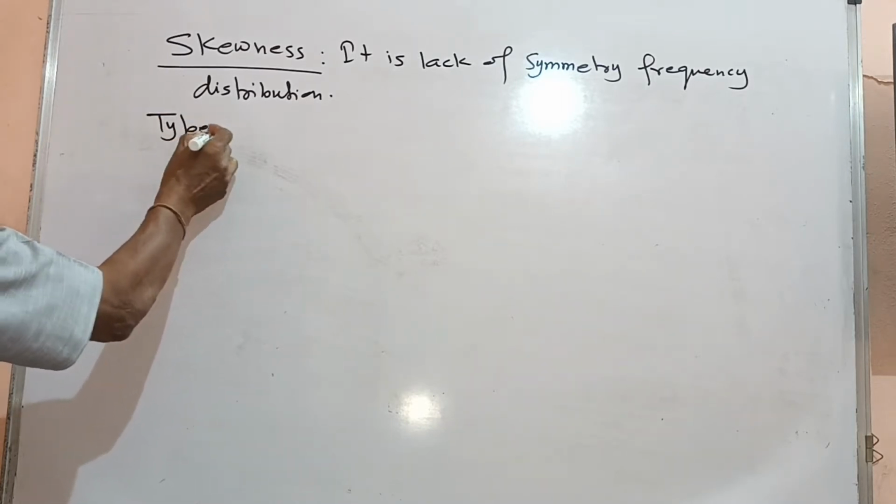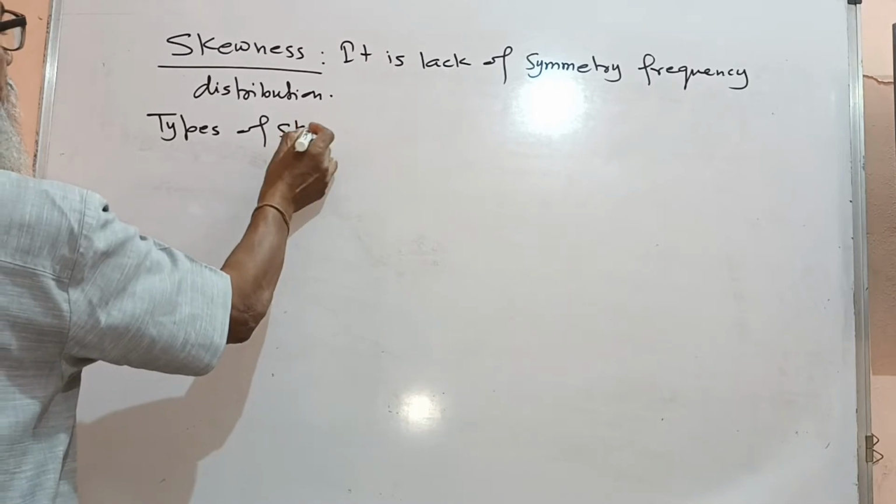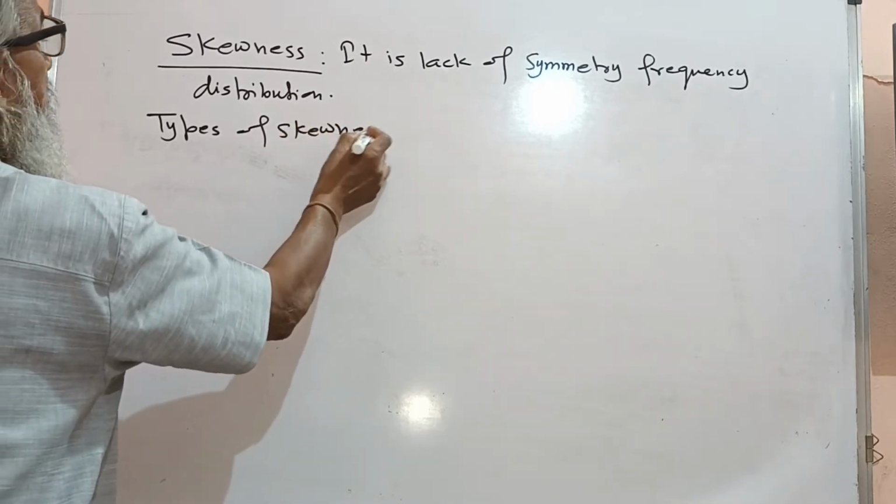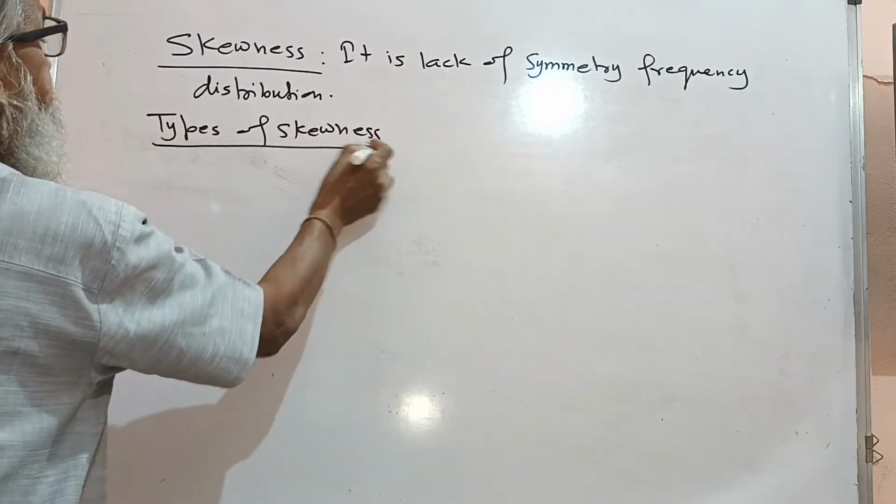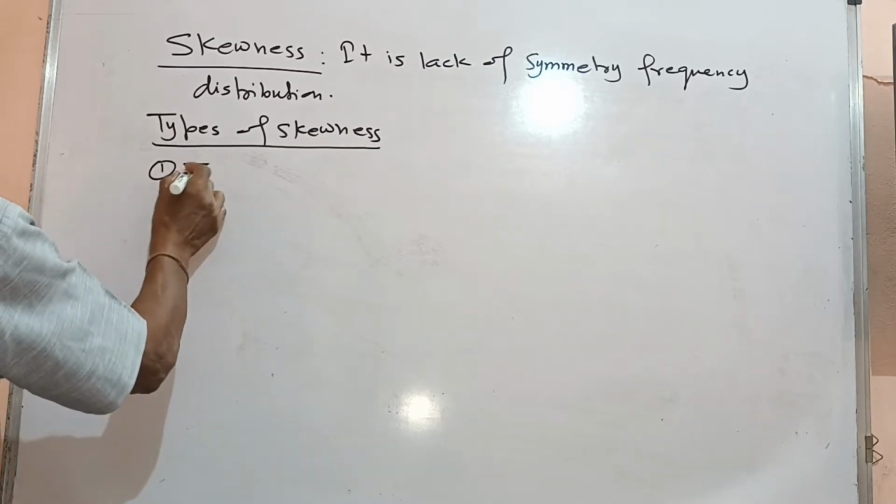Types of skewness. So first is zero skewness.